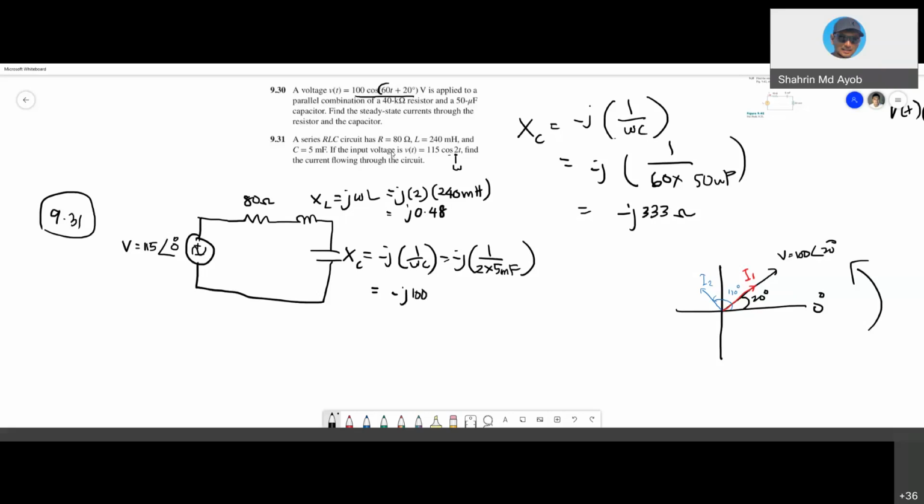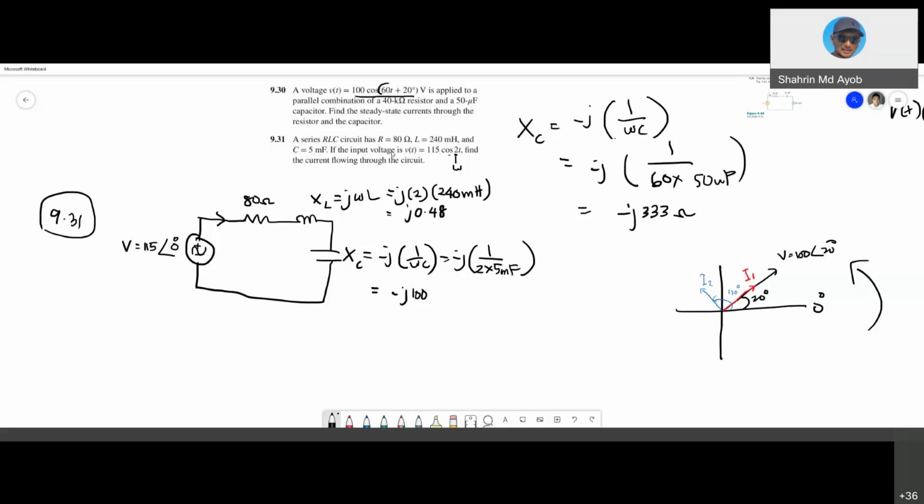This one, 0.48. Yeah, XL is 0.48, correct. Okay, thank you very much for the double checking. So right now, calculate the current.